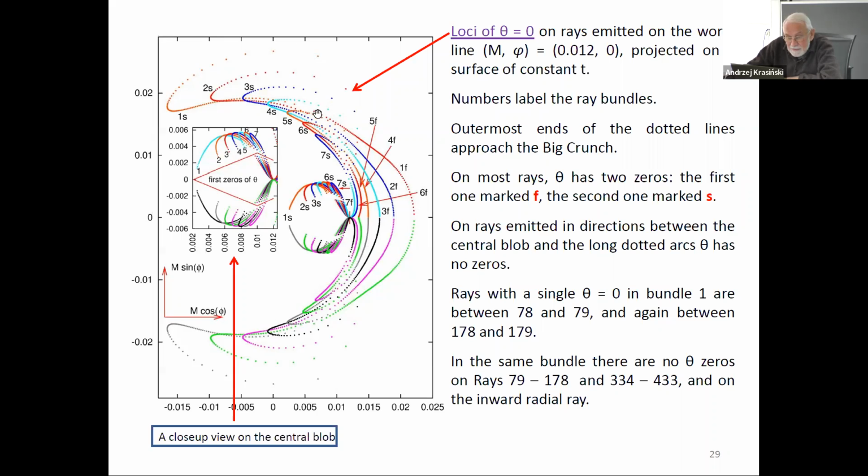The locations of first zeros are marked by F, of second zeros by S. The numbers correspond to different emission points. So for emission point 1, this brown one is the contour of first zeros, and the contour of second zeros for the same point is somewhere here. The upper ends of all those contours are in space-time, near the final singularity.